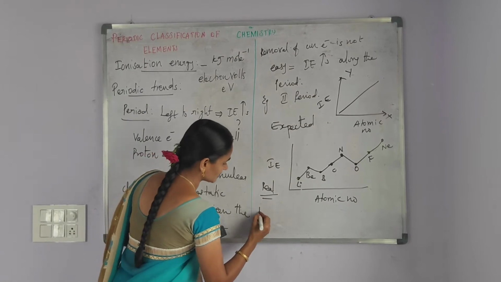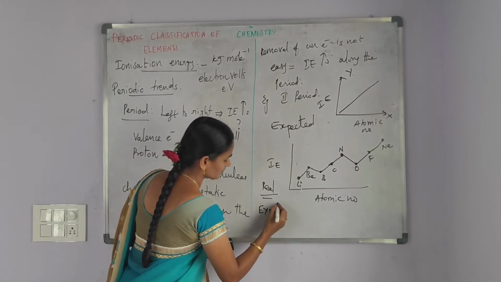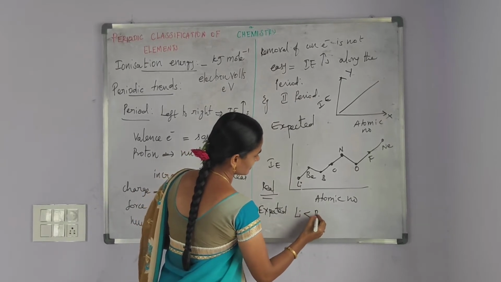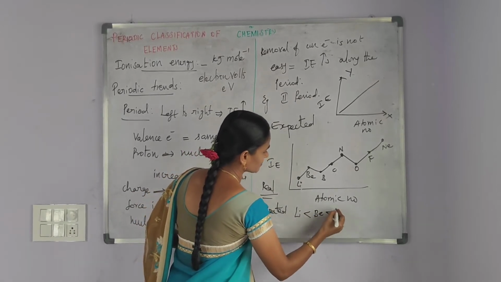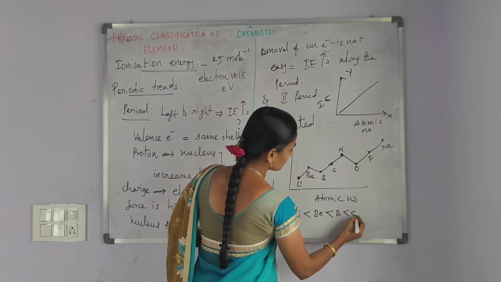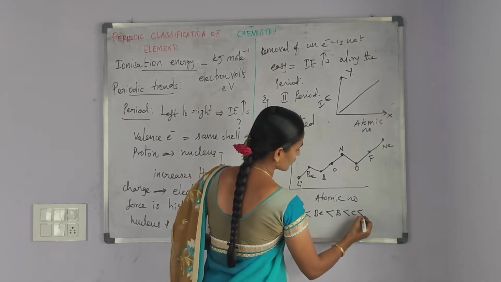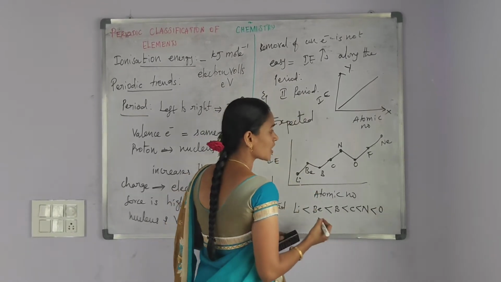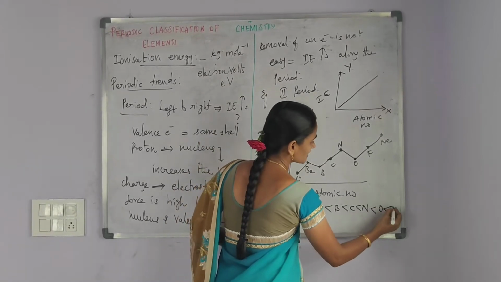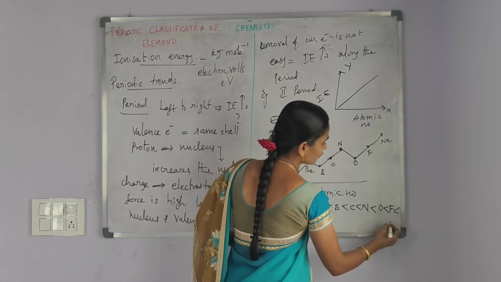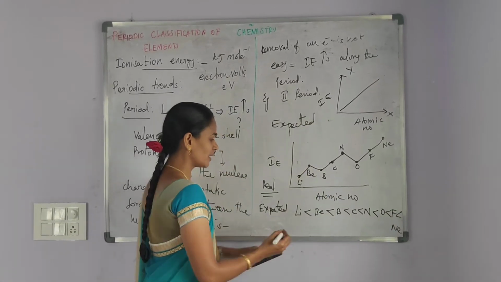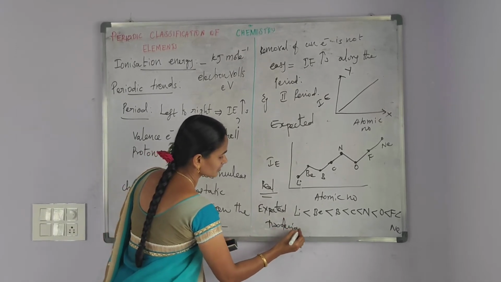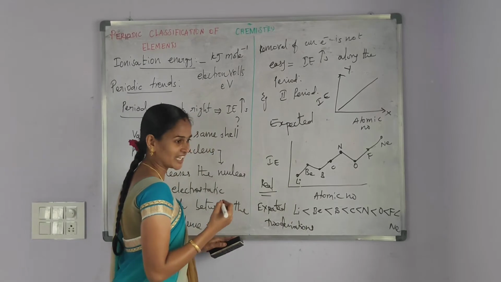The expected one is lithium is less than beryllium, beryllium is less than boron, boron is less than carbon, carbon is less than nitrogen, nitrogen is less than oxygen, oxygen is less than fluorine, fluorine is less than neon. But there are two deviations present in the second period.